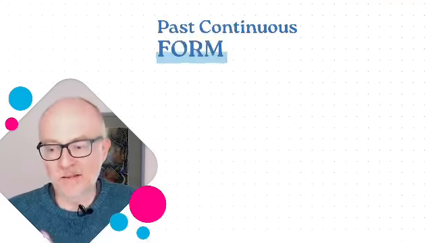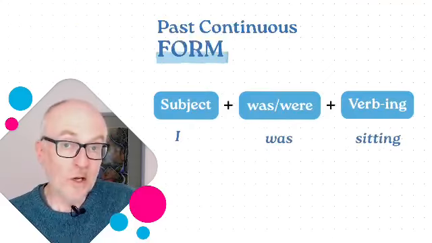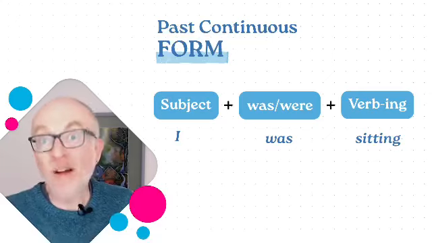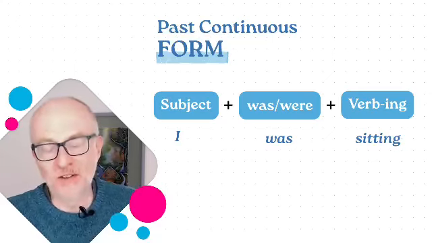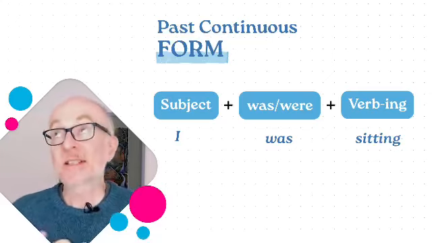The form is subject plus was or were, and then the verb with ing, the gerund of the verb. I was sitting. Just remember, the past continuous is for the longer action and the simple past for that second action that interrupts.